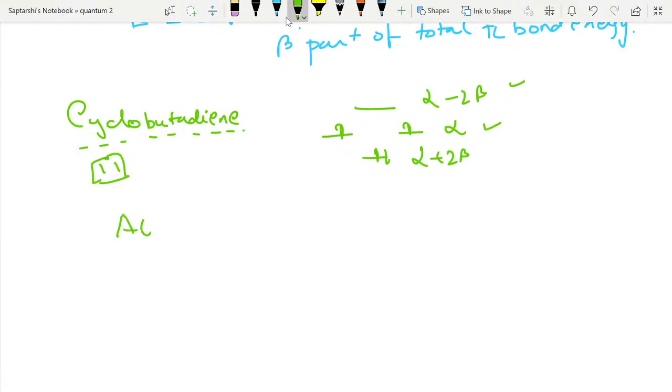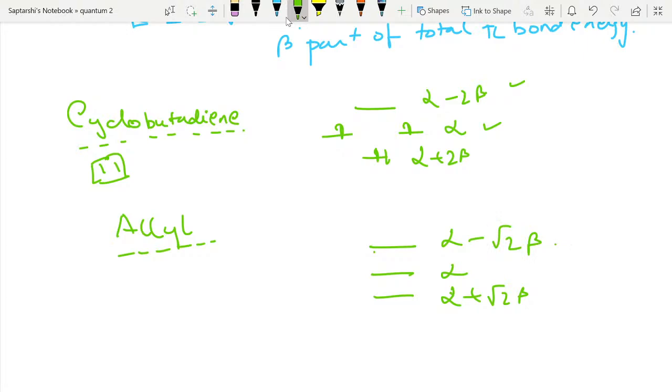Now for an allyl system. There are normally 3 levels for an allyl system. The lowest level is alpha plus root 2 beta, then alpha, then alpha minus root 2 beta.